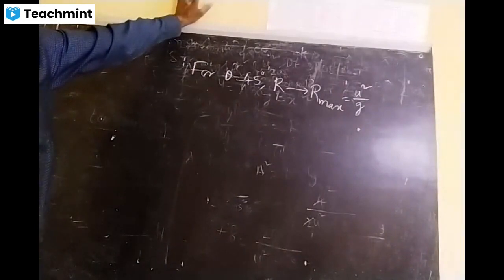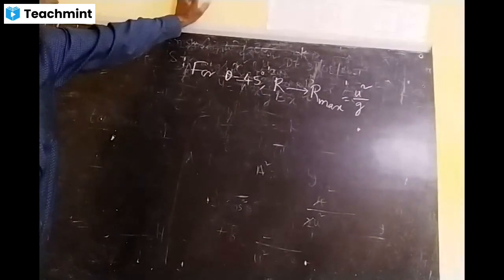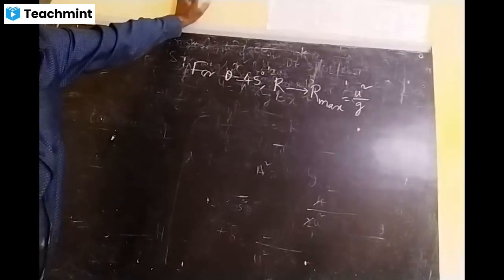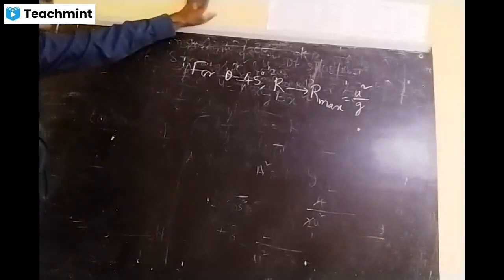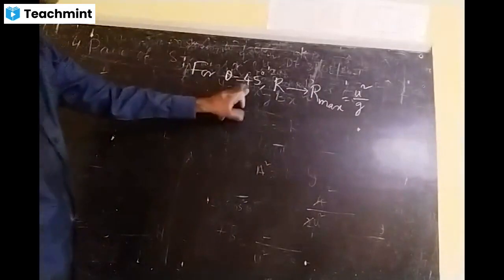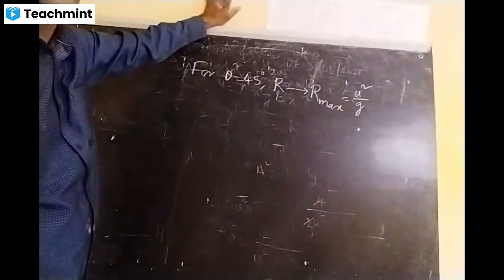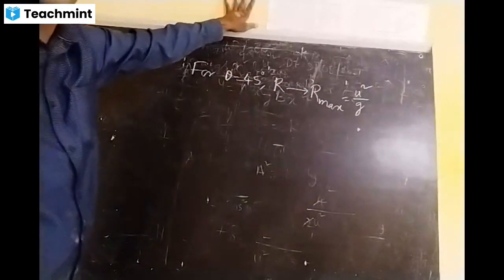When you substitute theta is equal to 45 degrees in R is equal to U square sine 2 theta by G, we will get maximum range as U square by G. Now R is maximum for an angle of 45 degrees and its value is U square by G. And for the same angle, if I want to find out maximum height, what is the answer?